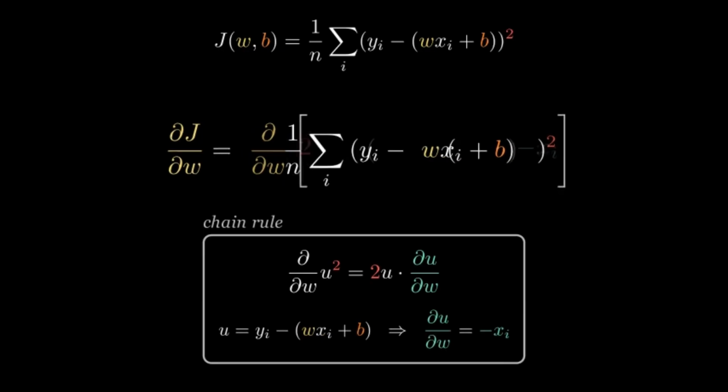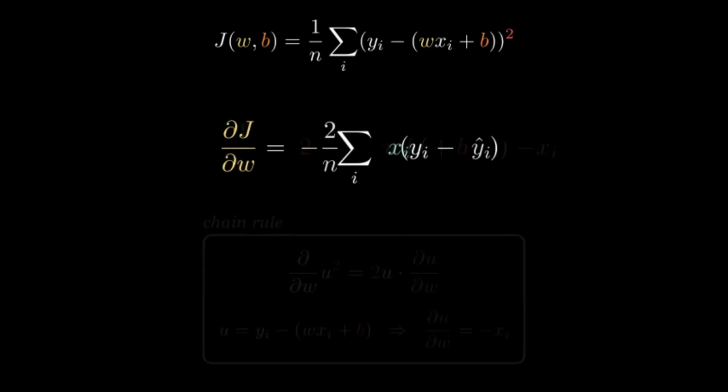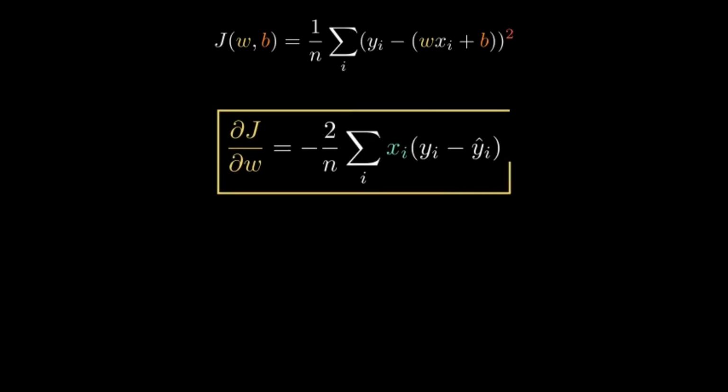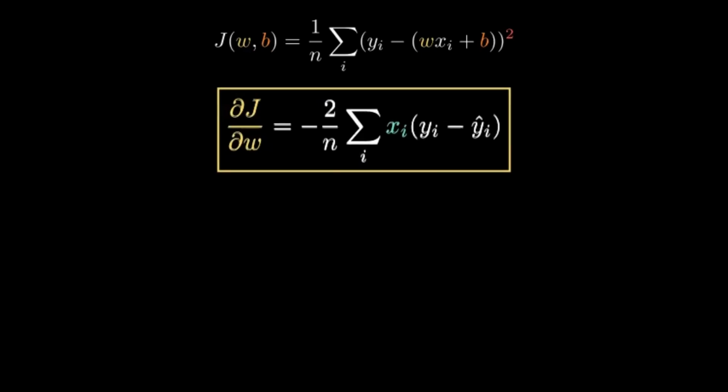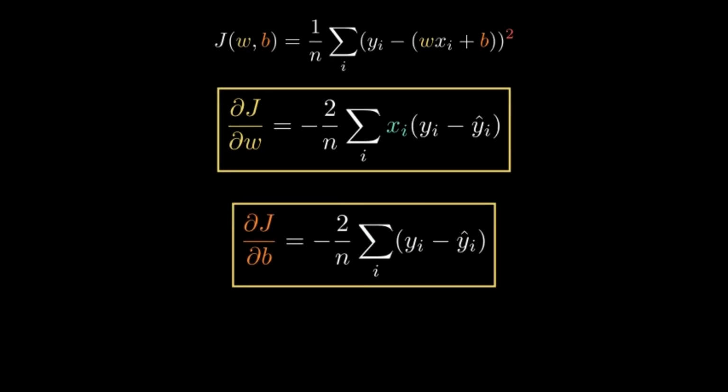And the inside, y i minus w x i minus b, has the derivative negative x i with respect to w. Multiply through, and we get negative 2 over n times the sum of x i times the residual. The derivative with respect to b is the same story, except the inner derivative is just negative 1, leaving negative 2 over n times the sum of residuals.